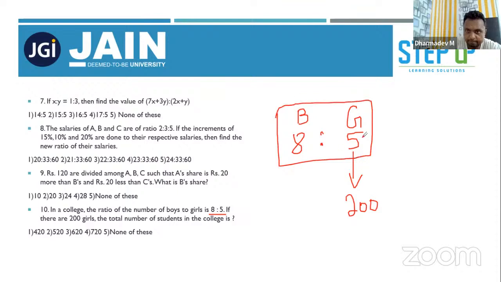So girls, how many parts? 5 parts. Then what is 1 part? 40, 200 divided by 5. Okay, 40 into the total parts, that is into 13. So that will be 520.